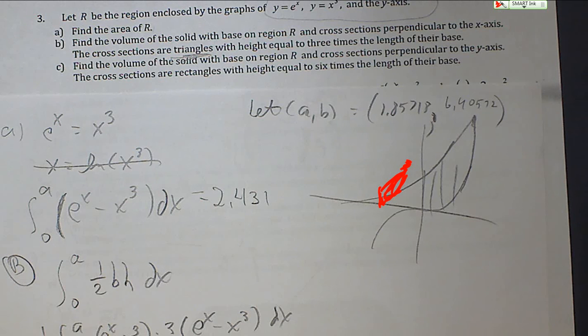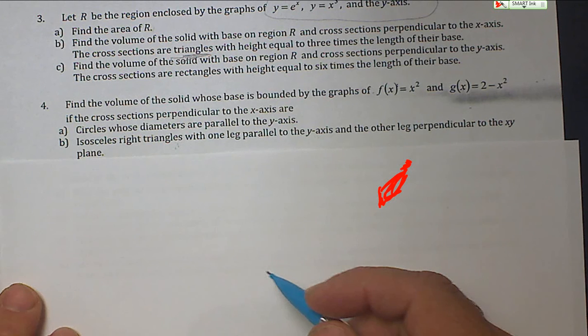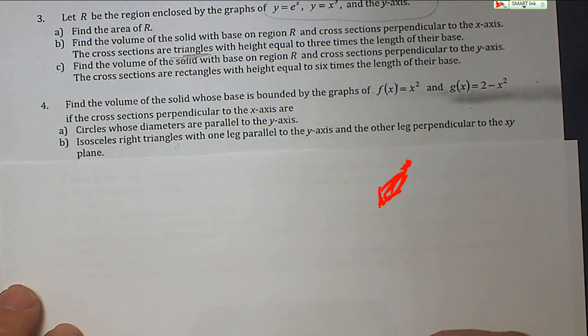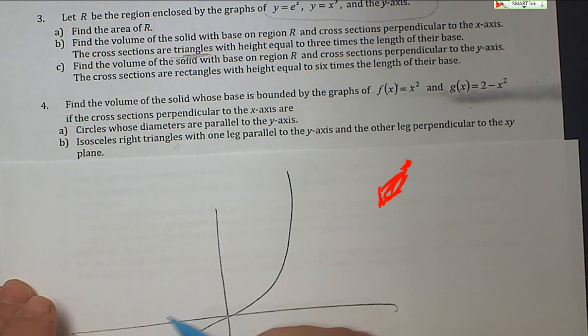All right, part C is going to suck a little bit. I'm going to redraw this picture so you can understand why. We had this shape and we had this shape.